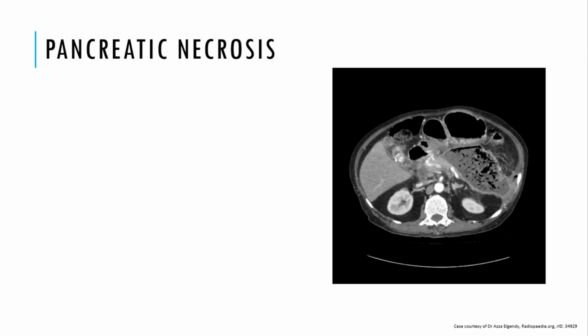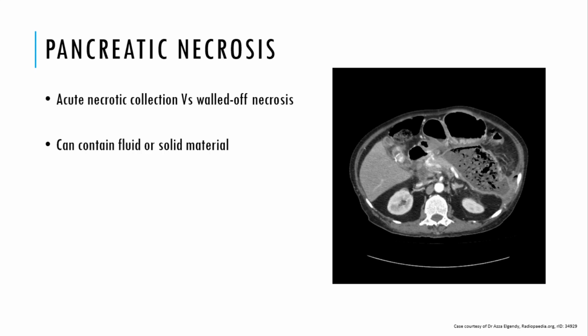Pancreatic necrosis is the most serious complication. You can have an acute necrotic collection or one that develops over a period of time with walled-off necrosis. It can contain fluid or solid material, but most of the times it has mixed components, especially as the disease progresses.